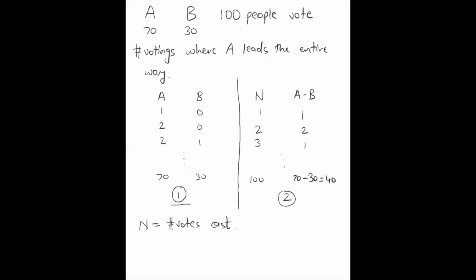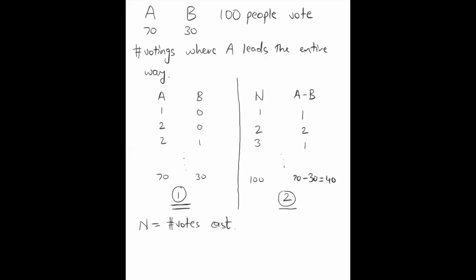I'll leave this up to you to check. But my claim is, suppose I give you the actual scorecard, a sequence of type 1, as in something like this.